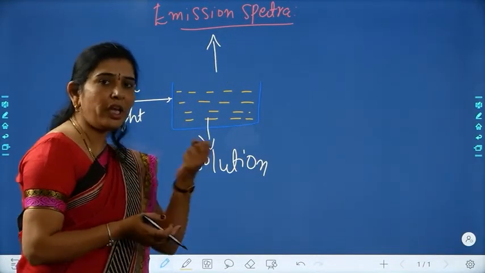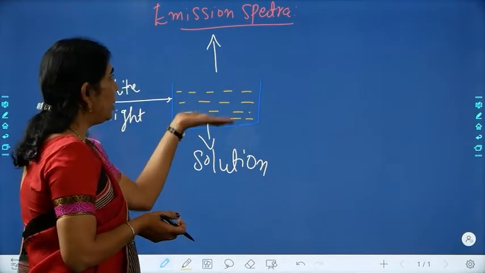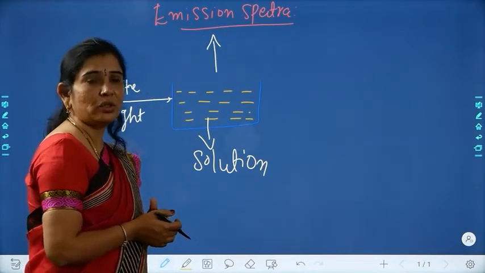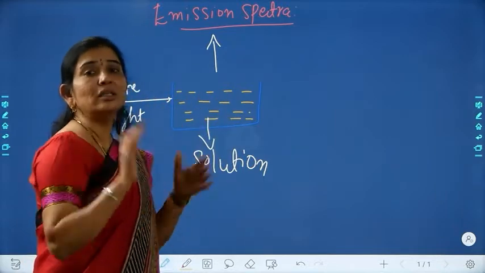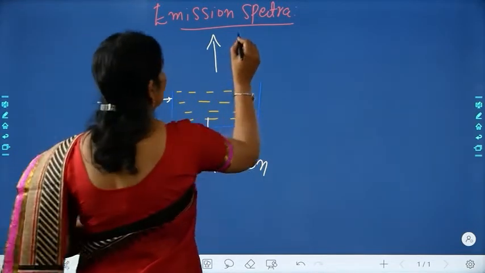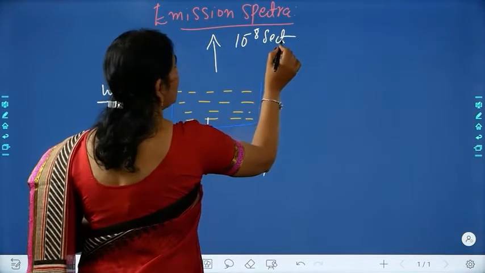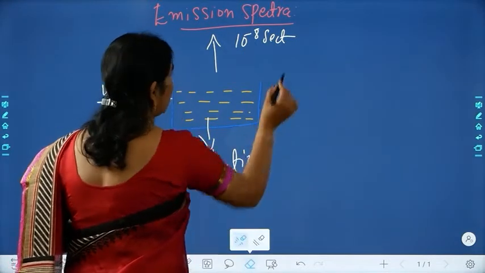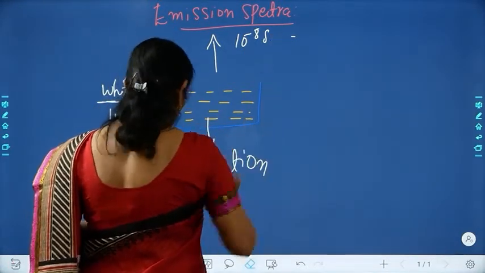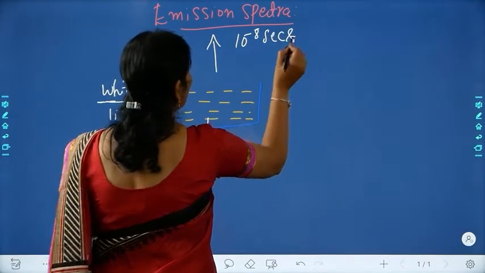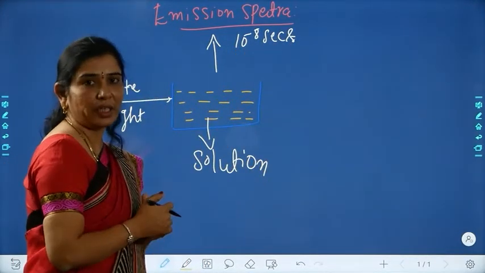After taking energy, that electron will go to what? Higher energy. In the higher energy state, electrons are most unstable and can reside only for a period of how much? 10 power minus 8 seconds.